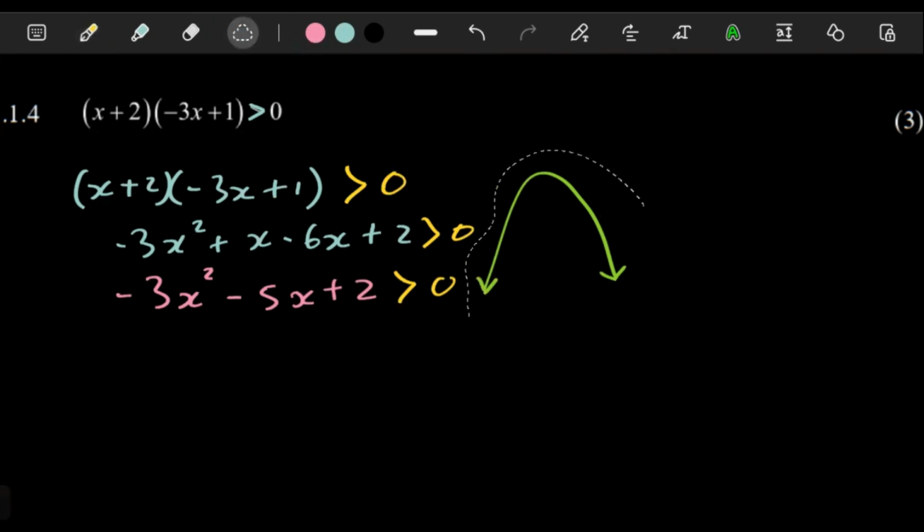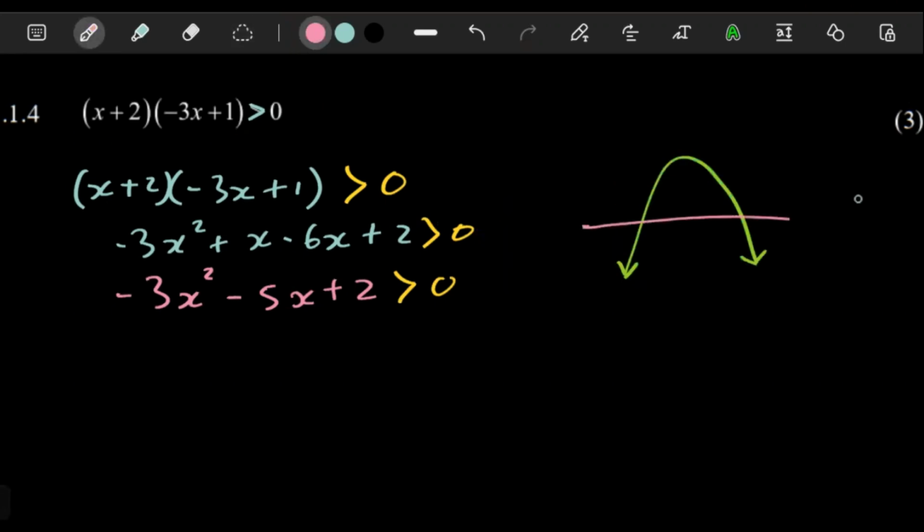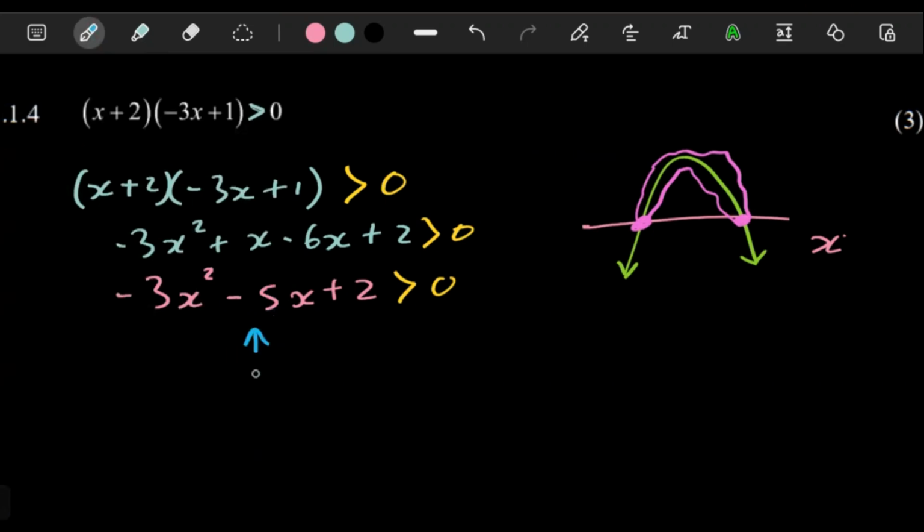If we look at our graph, what we know is this here can act as the x-axis. To work out where our graph is above 0, visually it is above 0 over here. So we need to find out starting from which x value up until which x value. To get those x values, we can just factorize this equation.